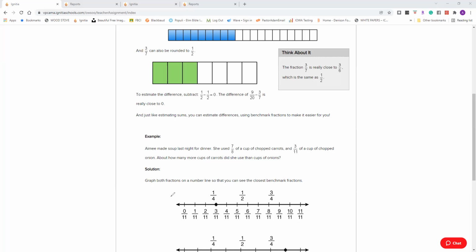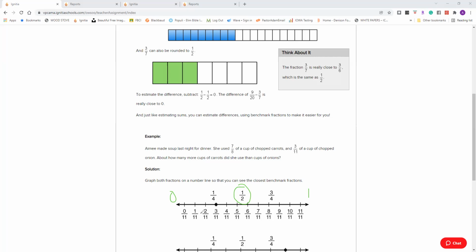When you're estimating fractions, you want to use the terms 0, 1/2, and 1. That's really what we're looking at. How close do these fall to the other?